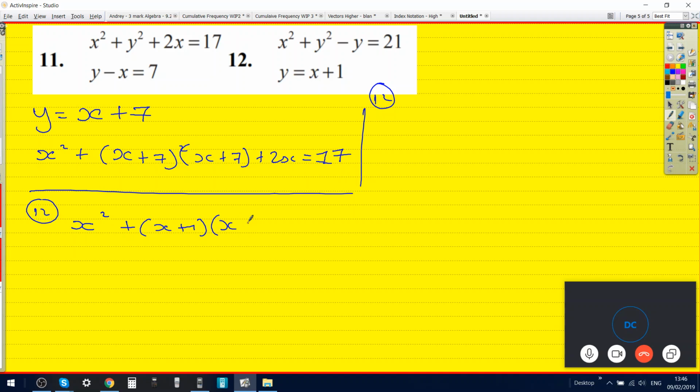So now you have a mixture of x and y. You replaced y squared with x plus 1 squared. You have a minus y here. You have to get rid of the y.